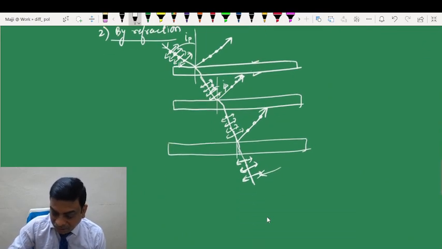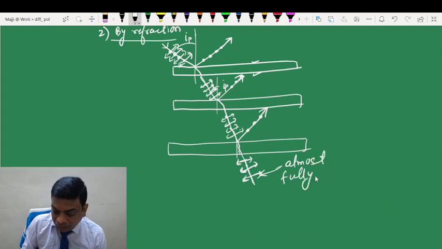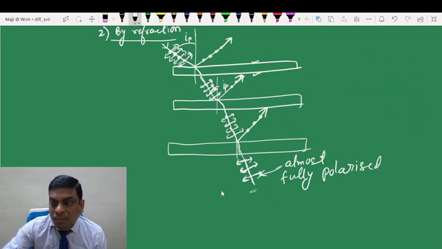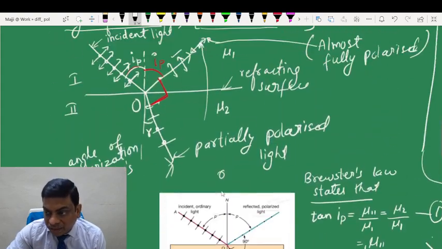So now this ray will be almost fully polarized. So this is how we obtain plane polarized light by refraction. I hope that is clear.